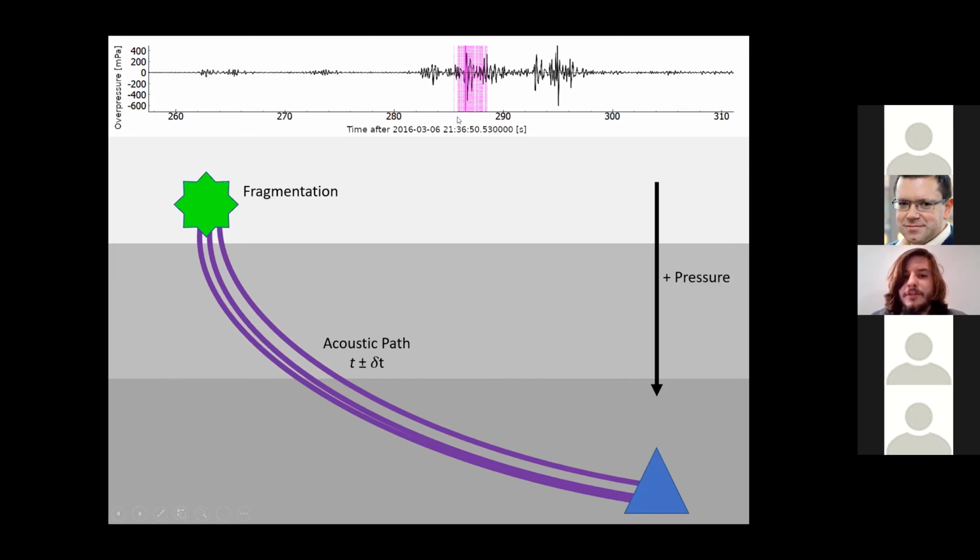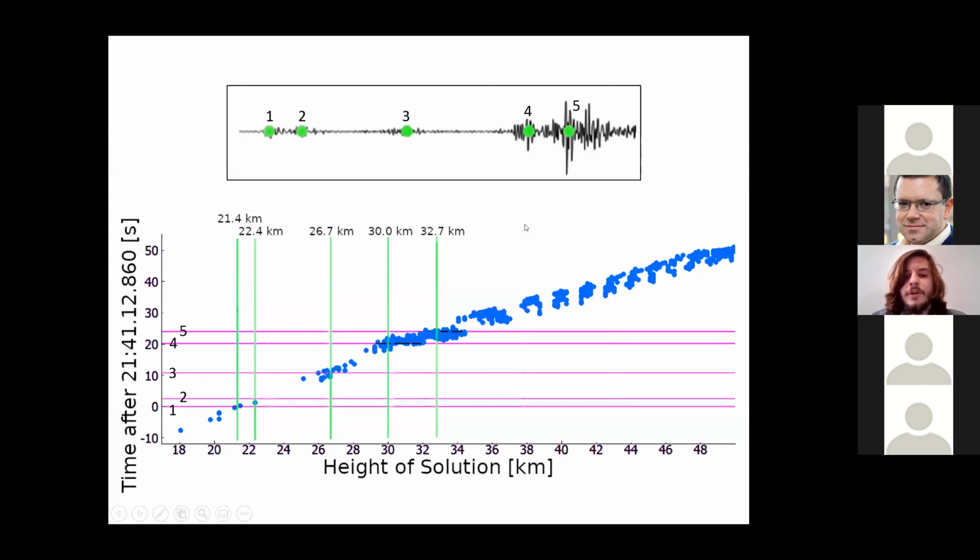We get a few seconds of uncertainty due to the atmospheric uncertainty, and this shows our uncertainty in the arrival time of a given fragmentation. We can do this many times to estimate what height the fragmentations came from.